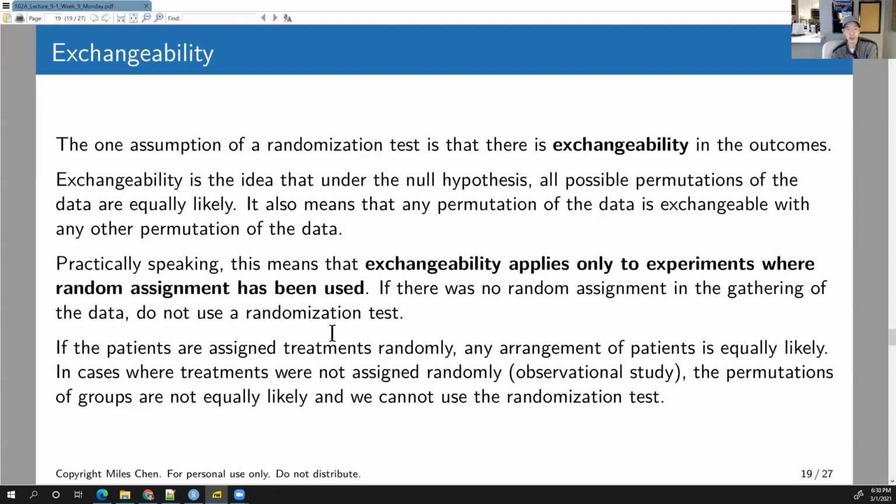Who chooses to smoke is not random. So we can't treat every single permutation as equally likely.